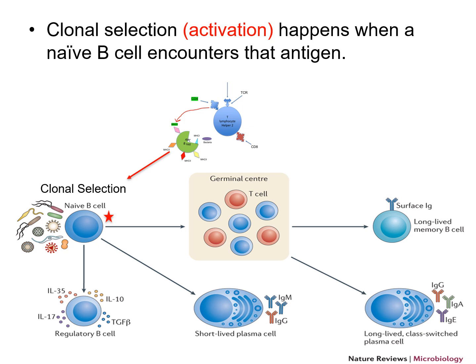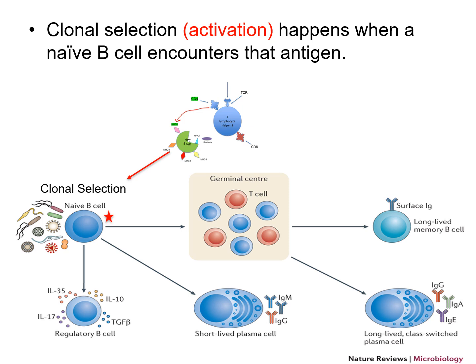Clonal selection happens when a naive B cell encounters that antigen. So when the CD4 binds with MHC2, it's going to activate the B cell. The B cell was a virgin. It had never been touched. Its glove had never touched a ball.